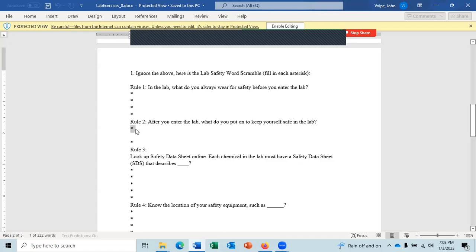And this is something that you do not have on before you get into the lab. And it's not until you enter the lab, usually after you wash your hands, that you would put this on in the lab. Okay, so what's in rule 1 should not be in rule 2, and what's in rule 2 should not be in rule 1. Do you need any other hints?